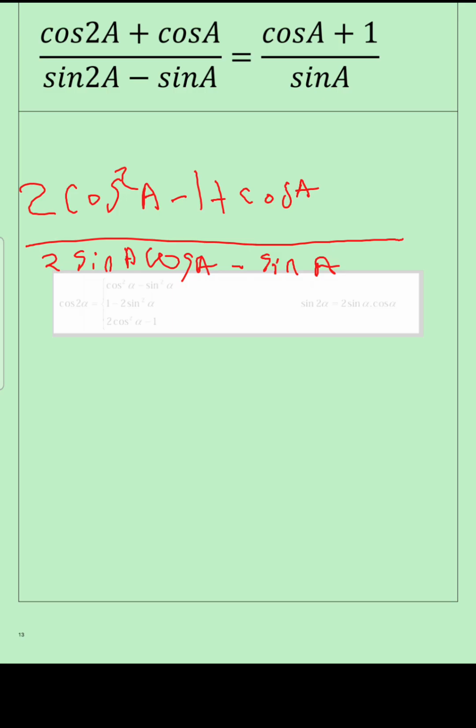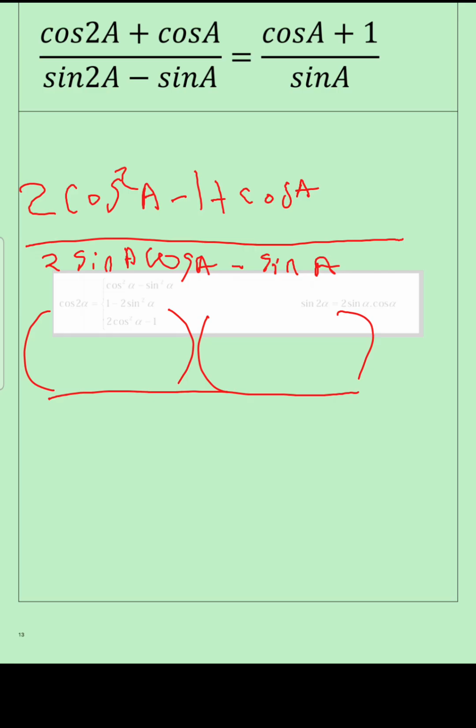Now going to factorize. Open 2 brackets.